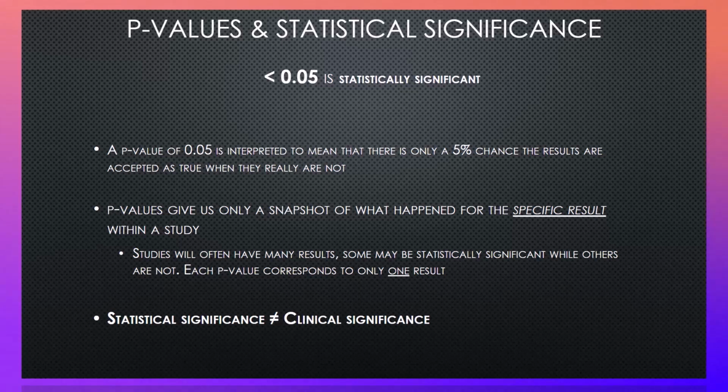Like the table on the previous page, each outcome had its own p-value. So it's not an entire study that might be statistically significant or insignificant. It is each outcome, each result within the study, that is statistically significant or statistically insignificant.